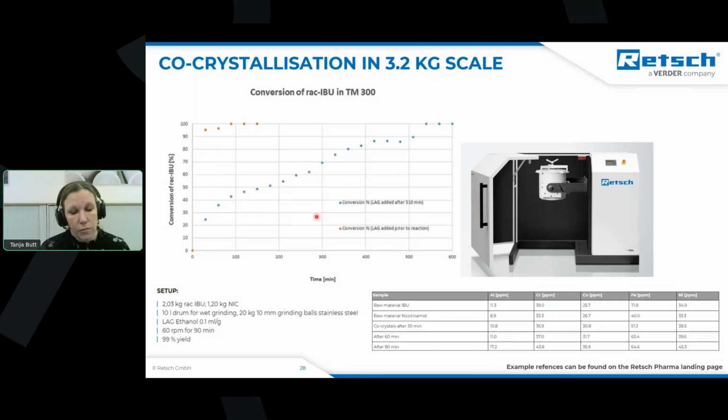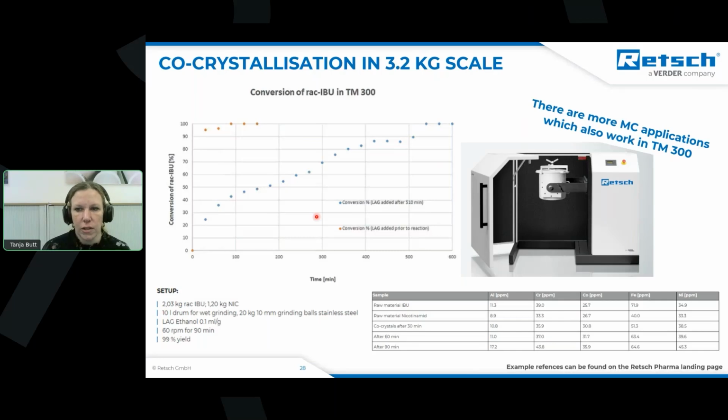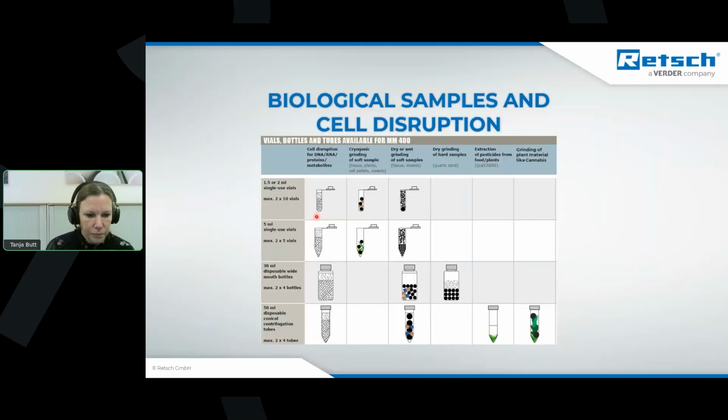You use steel balls, you have a little abrasion, but in this paper it is also published that the steel abrasion is negligible. It's fine. And there are many applications reported already which work in planetary ball mills, but there are also more papers coming out for the TM300 with different co-crystals for upscaling.